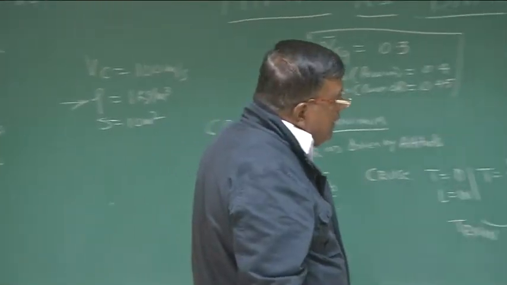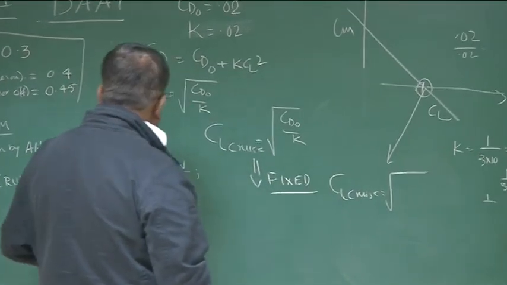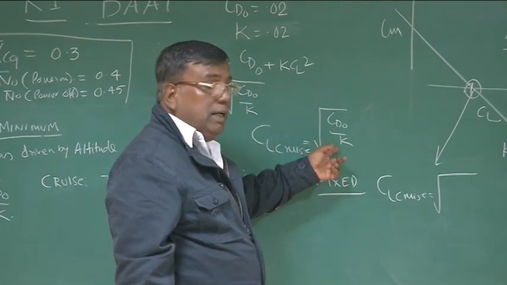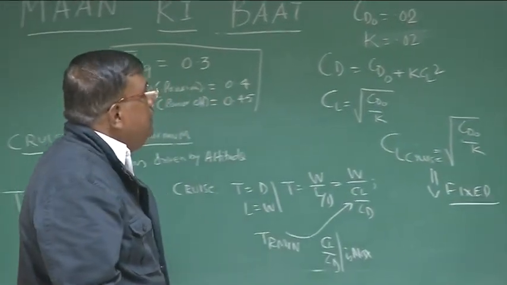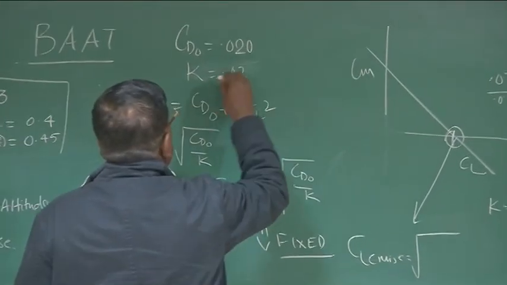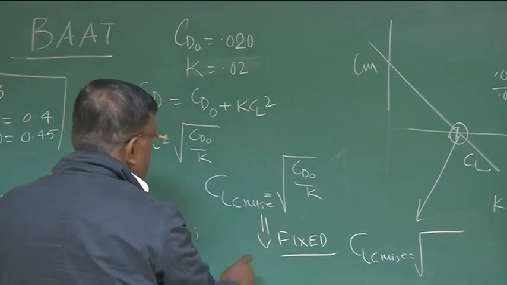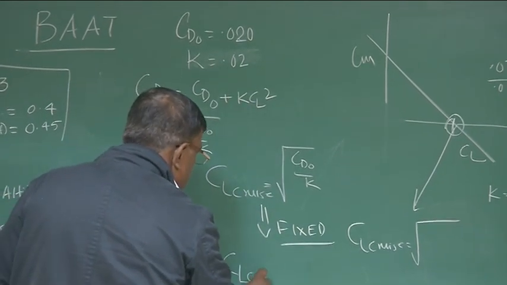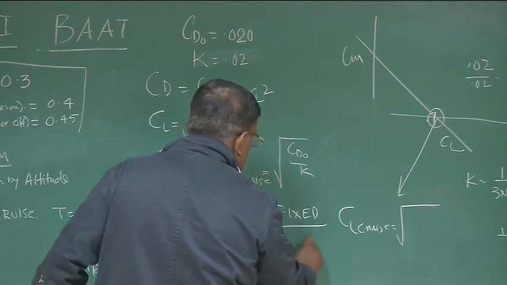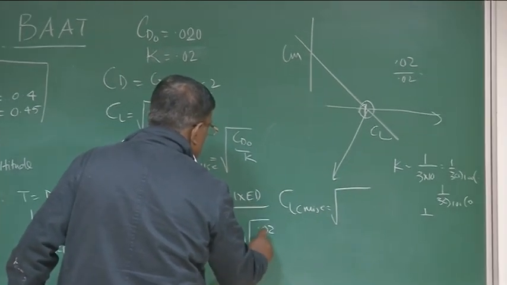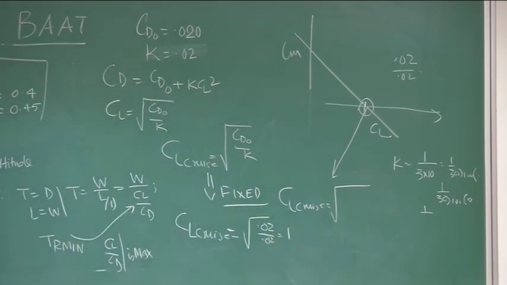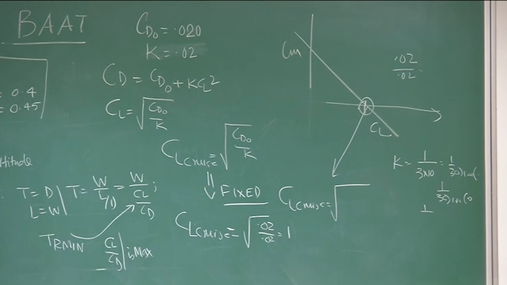So you understand that if I want to fly such that thrust required is minimum, then CL cruise will be given by root of CD naught by K. Let's take for this airplane, CD naught value is 0.02 and K is 0.02. So then CL cruise we are getting as under root of 0.02 by 0.02, and that is 1. Pretty high, but for a numerical example this is okay.